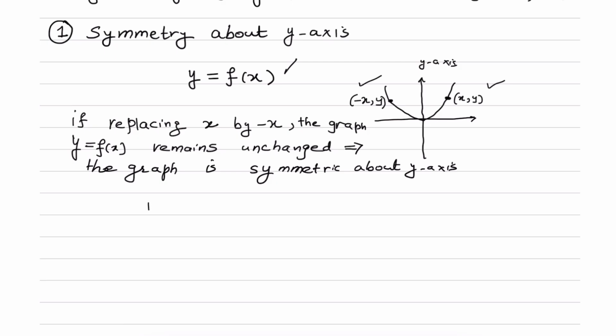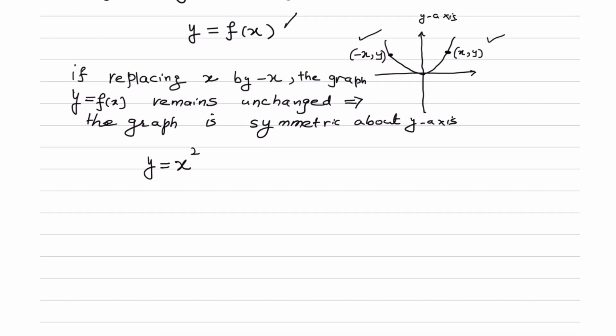Let's look at an example, the same example that we have seen geometrically. So if we have a graph y equal to x squared here, and mathematically, if we are not looking at the shape, because if you are looking at the shape you will immediately guess whether the graph is symmetric about y-axis or not. But mathematically, how do you check that? We know this rule that if we replace x by minus x, and making this change gives us the same graph back, we will say that our graph is symmetric about y-axis.